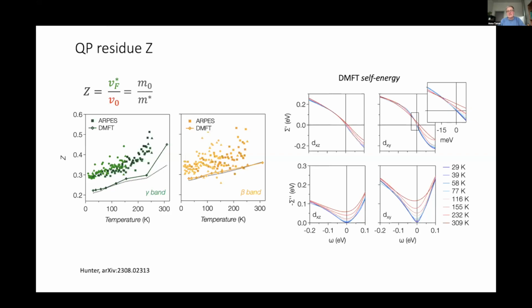But there was early work on some materials that show resistivity that saturates. They will have still quite a long mean free path, which means that there are well-defined quasi-particles up to high temperature.